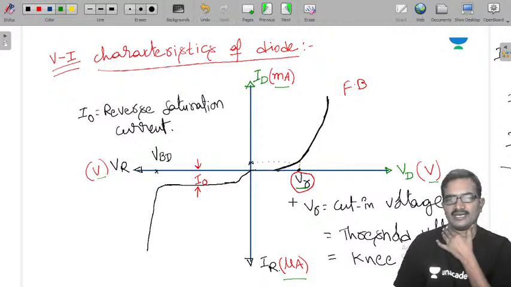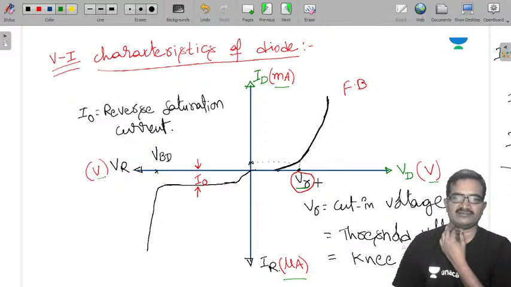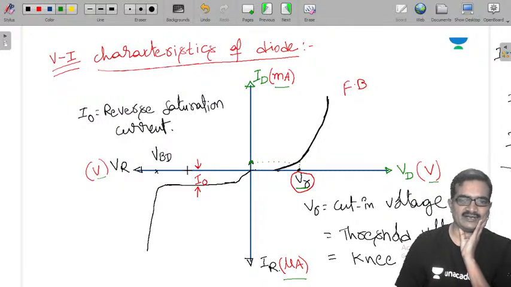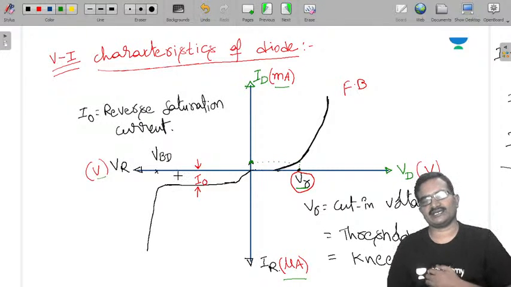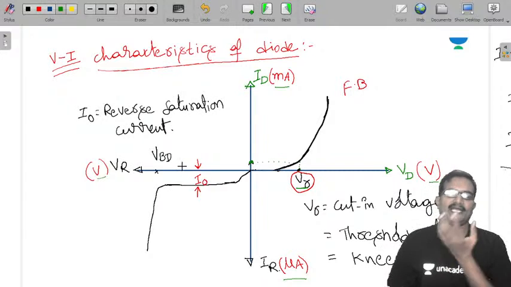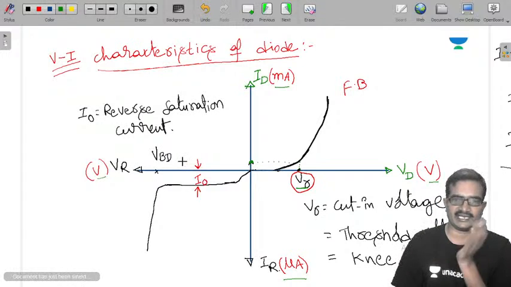It is also called threshold voltage or knee voltage. It is the diode forward voltage at which we get 1% of rated current. Next, reverse saturation current, I0. This is the constant current flowing through the diode when it is in reverse bias, and you can also call it leakage current.